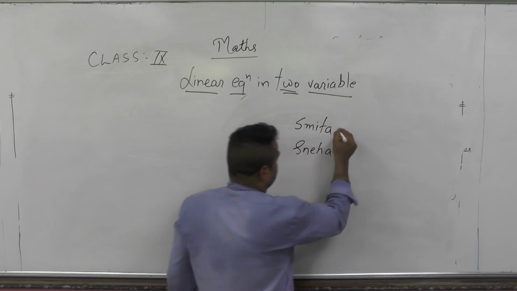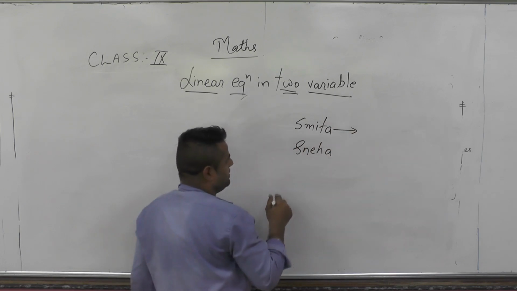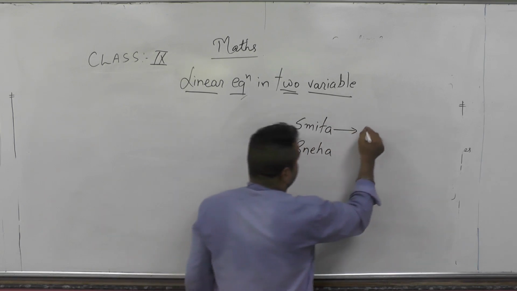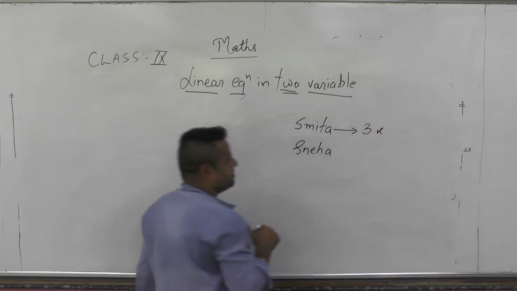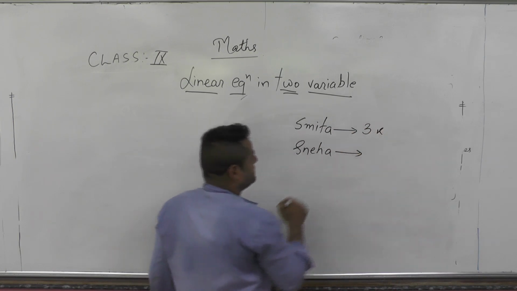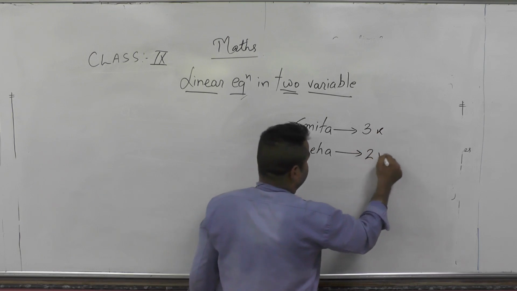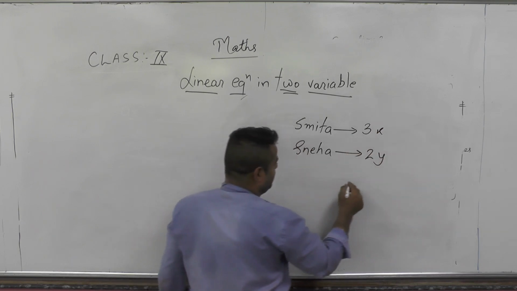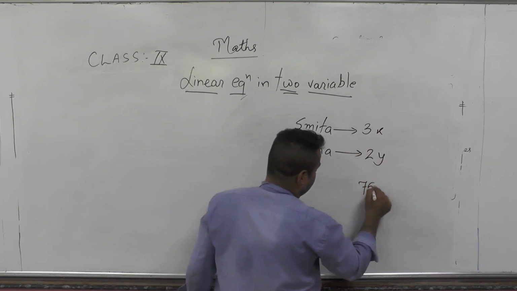Now suppose Smita has paid 3 times an amount to the Pradhan Mantri Relief Fund and Sneha has paid 2 times. Together they have paid a total of 750 rupees.